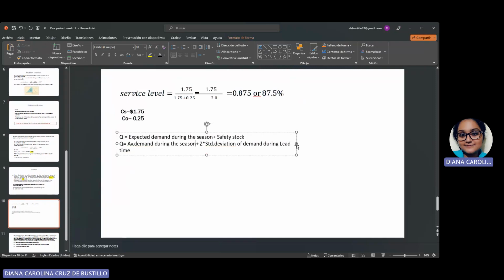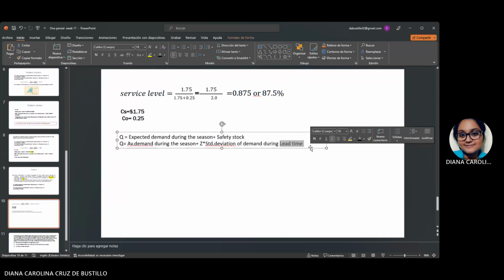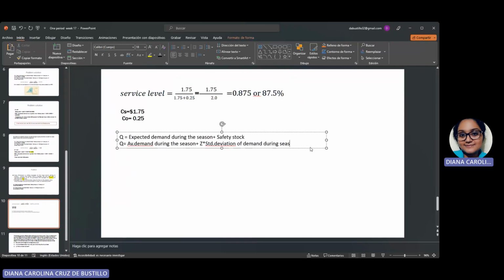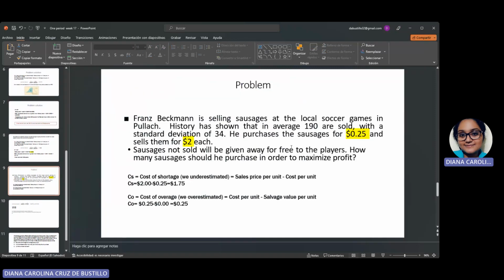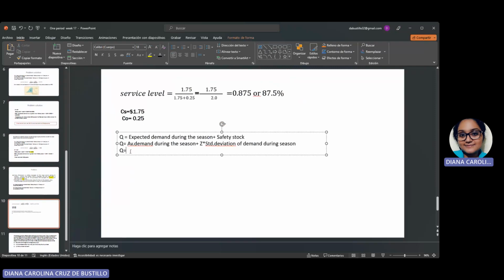So you need to know historically, during the period of time that you are considering to sell those units, which in this case is a full season, how much have you sold in the past and how much has been the standard deviation of the demand in that season. Here you have both pieces of information. Let us fill it out. Reading the exercise, you know that on average you have sold 190 units during the season. So that would be this first part. Average demand during the season, 190 units.